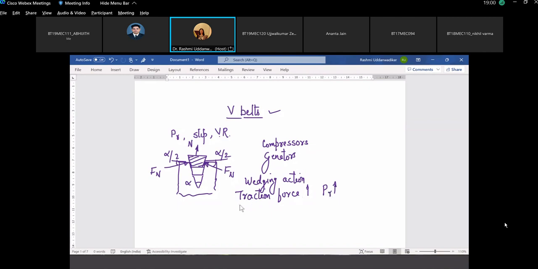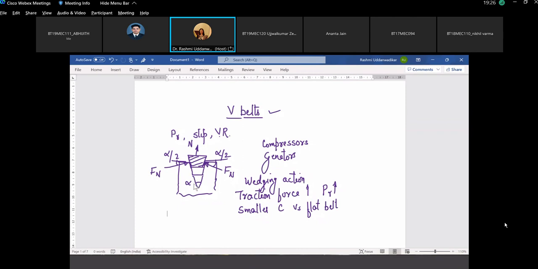This will normally operate at a smaller center distance, the center distance C being smaller as compared to a flat belt. The belt normally touches the sides and it is not touching the base.